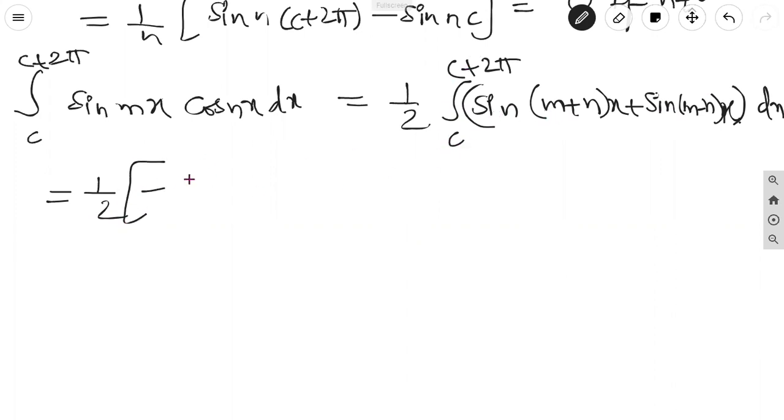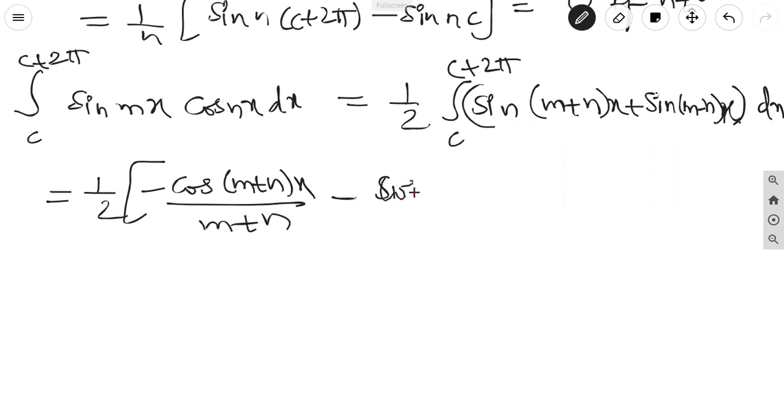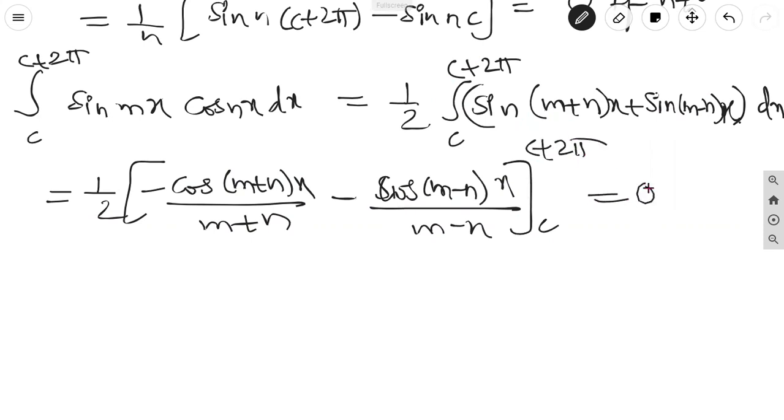The sin integration is minus cos of m plus n x by m plus n minus cos of m minus n x by m minus n, limits from c to c plus 2 pi, which should be 0. Whatever the x coefficient, we get the same terms, so it should be 0, for 2 pi, 4 pi, 6 pi and so on; we get the first quadrant only.